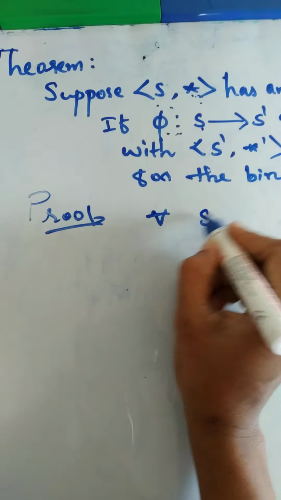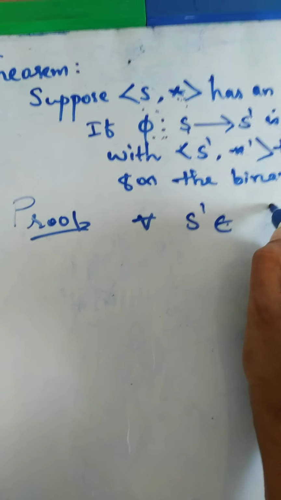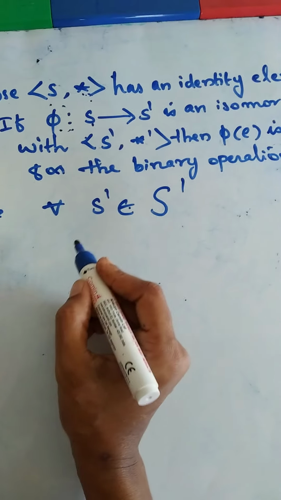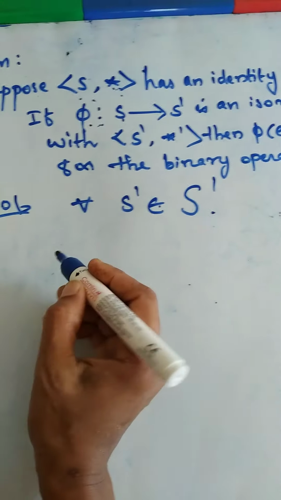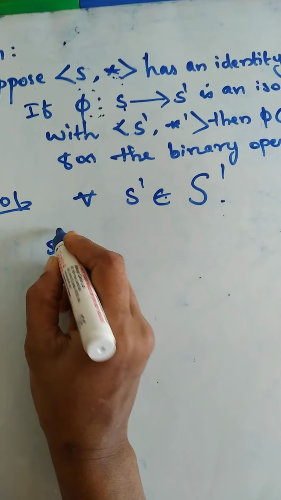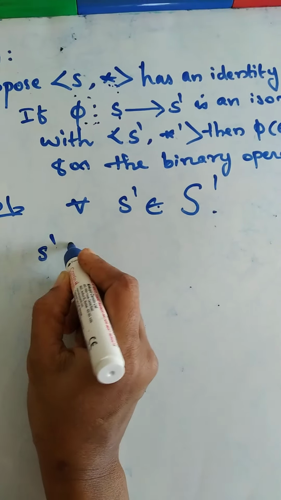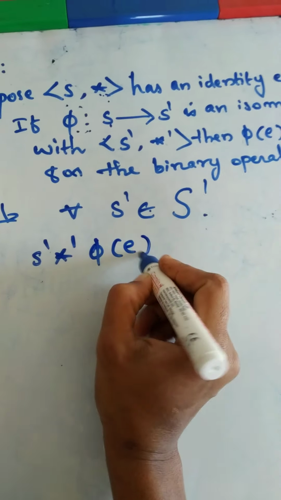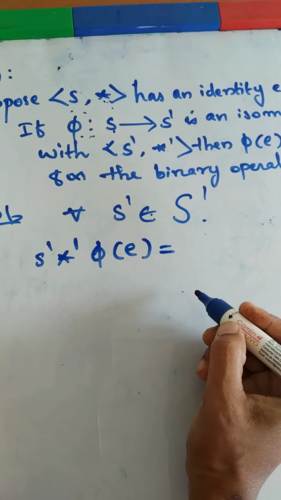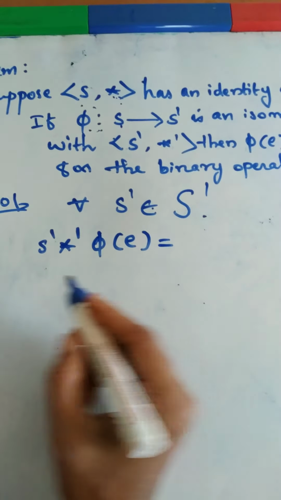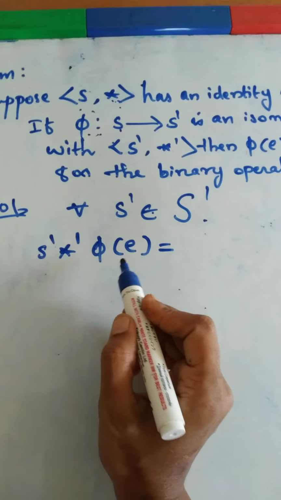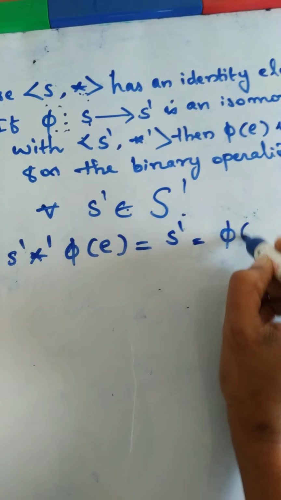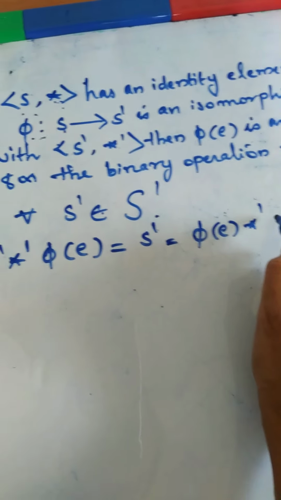For every element S dash in capital S dash, to prove phi of E is an identity element in S dash with respect to star dash, we need to show that S dash star dash phi of E is equal to S dash, which is equal to phi of E star dash S dash.